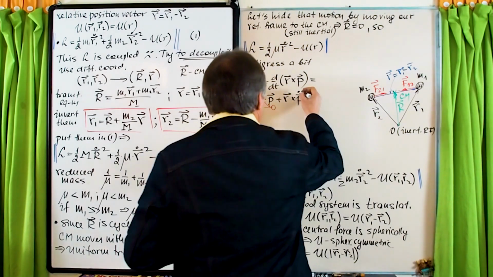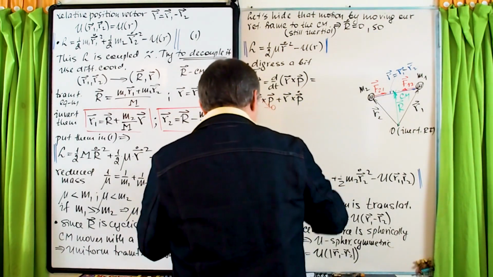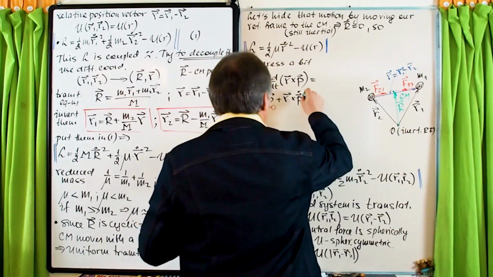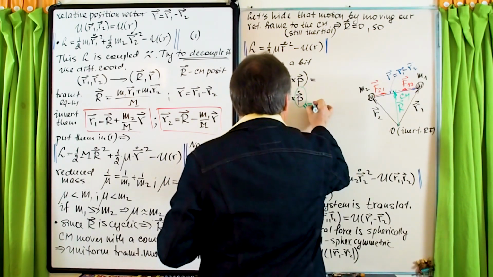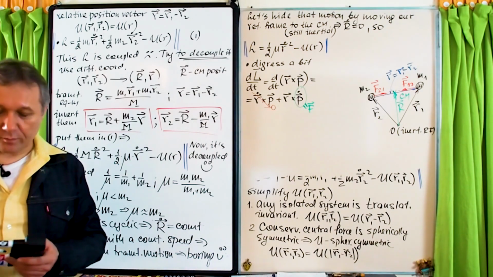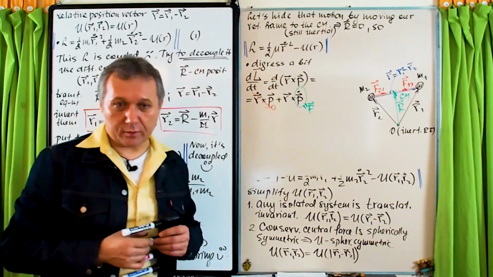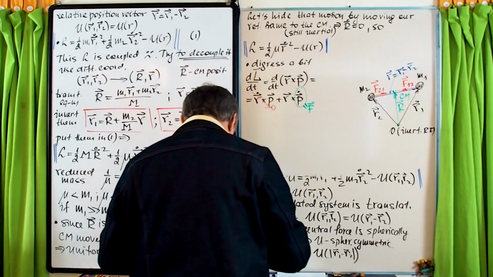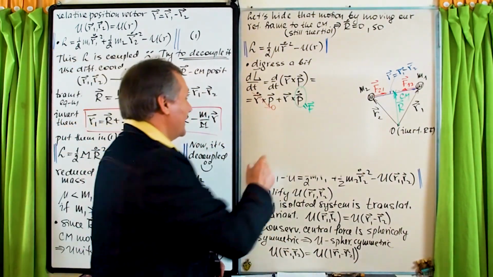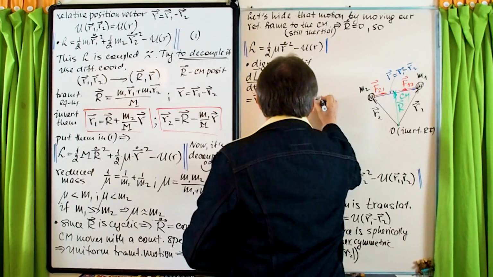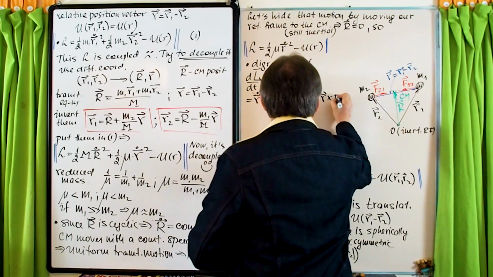Then, of course, since our reference frame is still inertial, we can write this as F. So that's the force acting on our particle, right? And of course, it's a central force. So we can write it as r cross F.